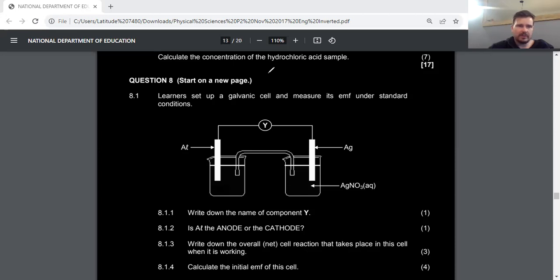And so we remembered the oil rig, where oxidation is loss. And reduction is gain, and that was the red bit. Reduction is gain.